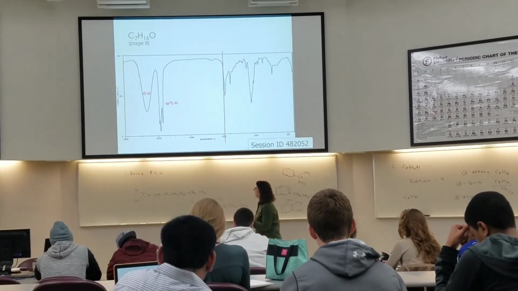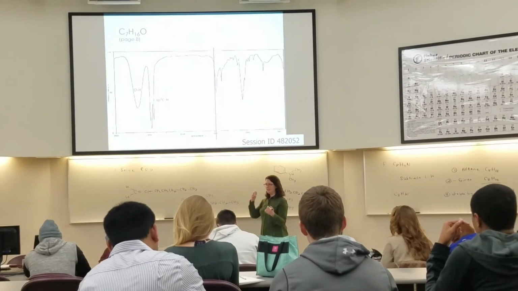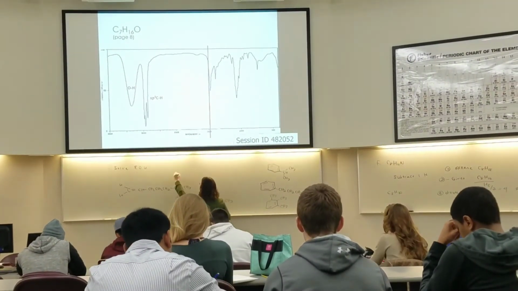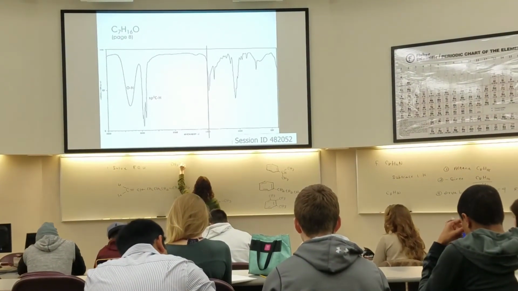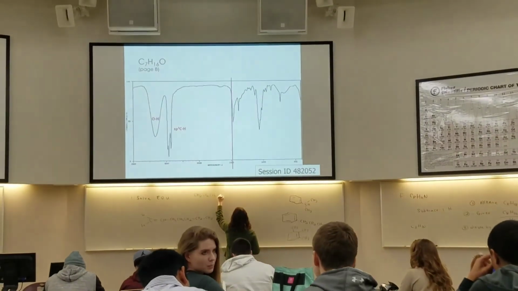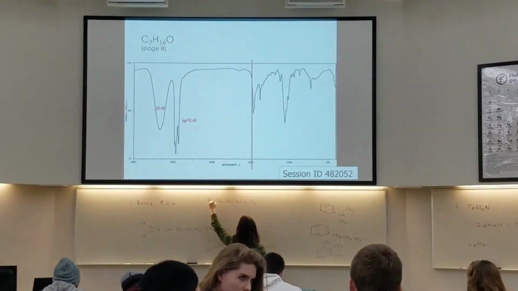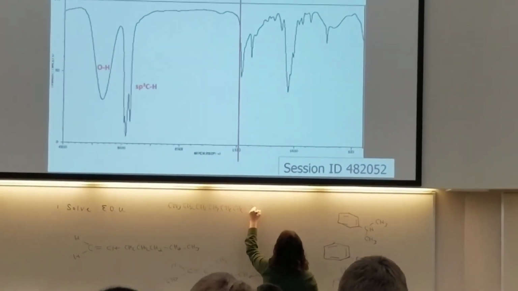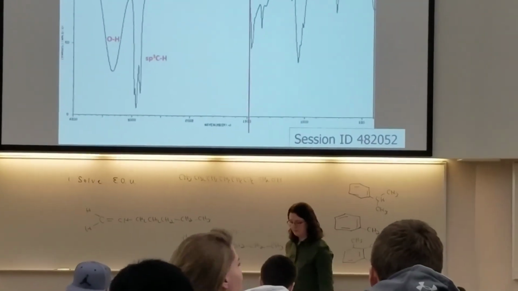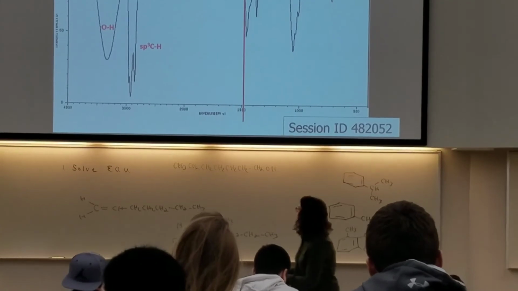7 carbons, you can put 7 carbons in a line, OH on the end. So, 7 carbon alcohol.